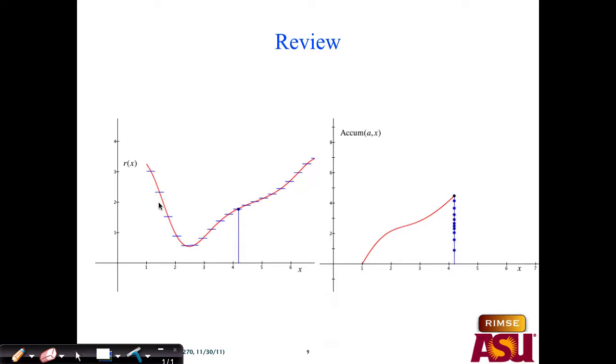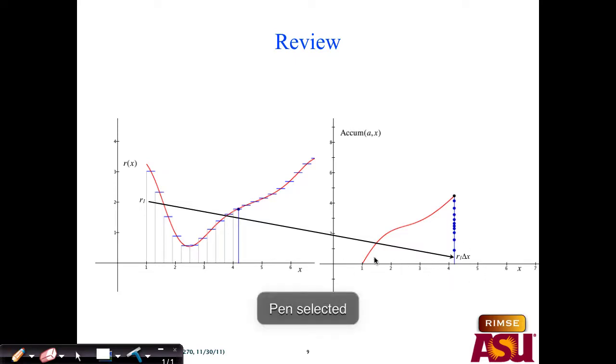But having this step function where we use constant rates of change for small intervals, each interval has its own rate, which when we multiply that by the width of the interval, the delta x or delta t or whatever we're calling the independent variable, we get a small amount of accumulation, which in this graph over here can be shown two ways. You can actually see it as it happens when x goes from 1 to 1 plus a little bit.